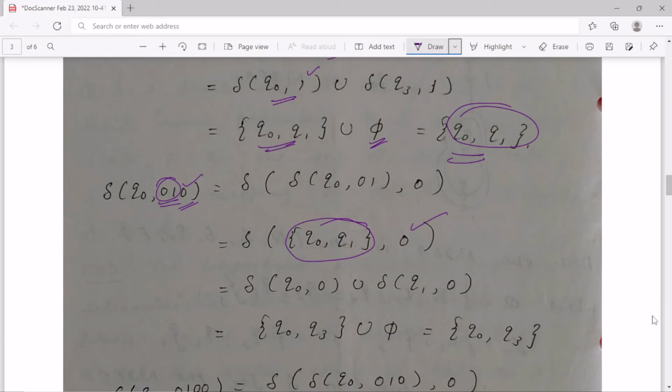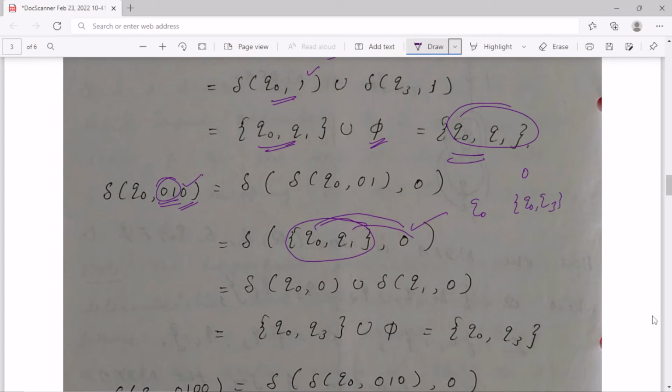Now we are going to read the next symbol 0. We have 2 different states, so you write a union of transition functions: delta of Q0 comma 0 union delta of Q1 comma 0. In state Q0, if you read input symbol 0, you have 2 possible states, Q0 and Q3.